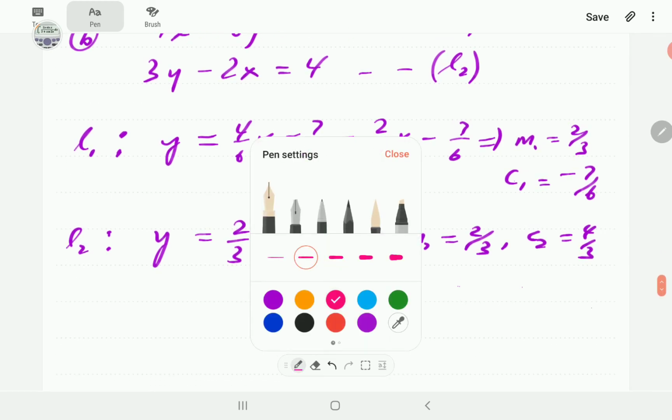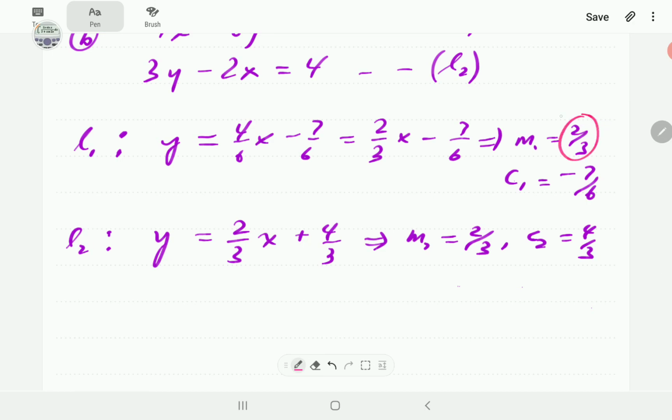Now notice that M1 and M2 are exactly the same. M1 is equal to M2. This is implying that the lines are parallel.